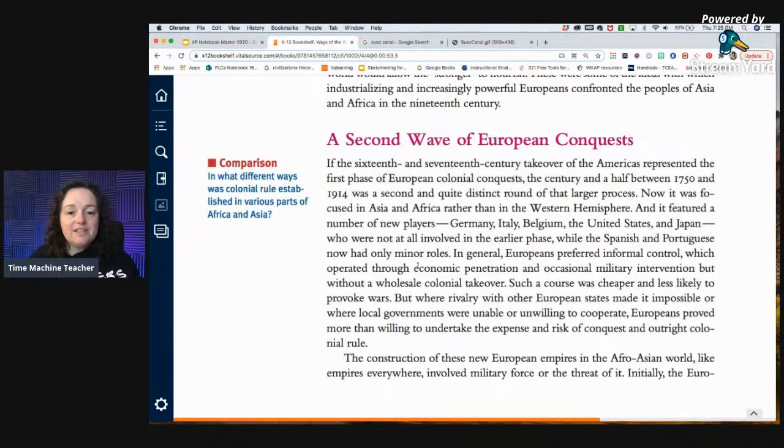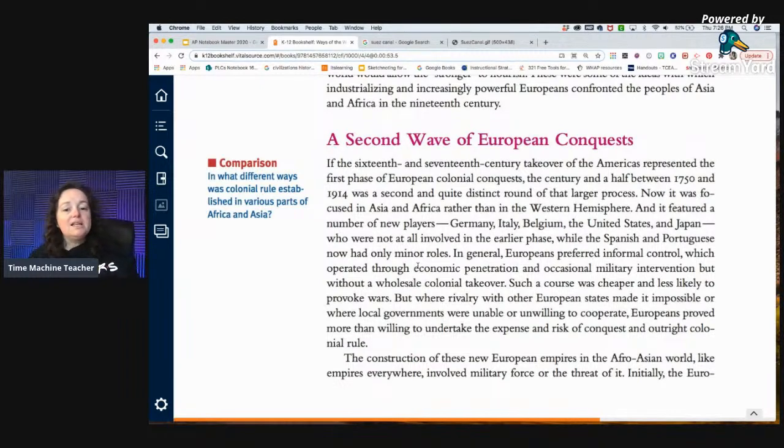Now it was focused in Asia and Africa rather than in the Western Hemisphere, and it featured a number of new players such as Germany, Italy, Belgium, United States, and Japan, who were not at all involved in the earlier phases. While the Spanish and the Portuguese now had minor roles, in general, Europeans preferred informal control, which operated through economic penetration and occasional military intervention, but without a wholesale colonial takeover.